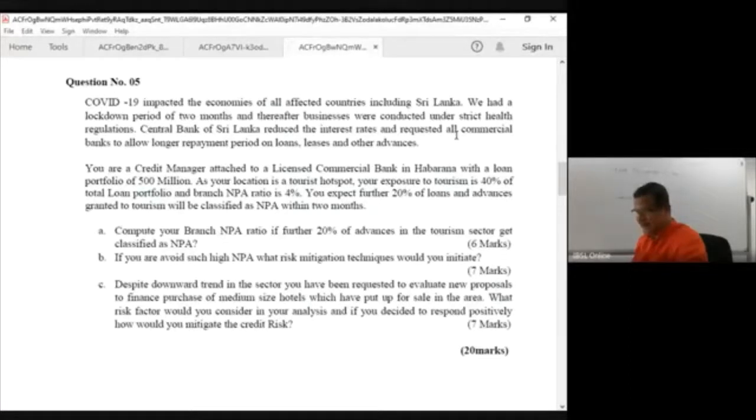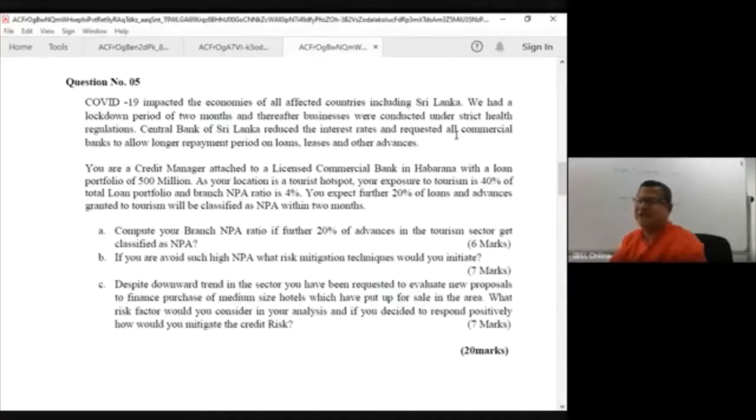In the meantime, you can also do the calculations. So your 500 million is your portfolio. 40% is given to tourism. 500 million is your portfolio. 4%, that is 20 million, is your NPA.